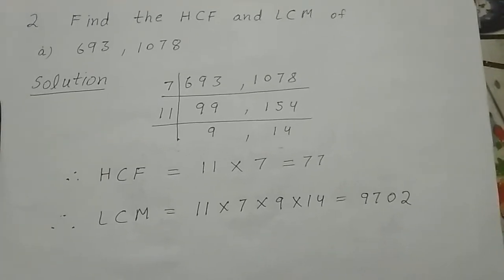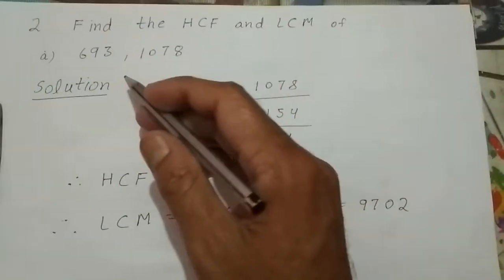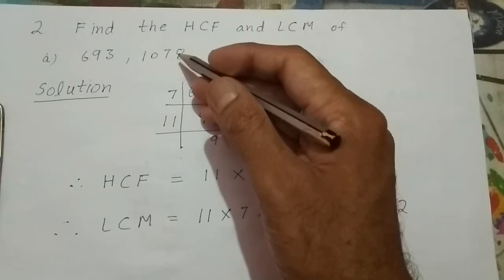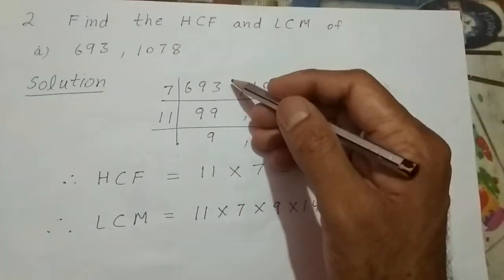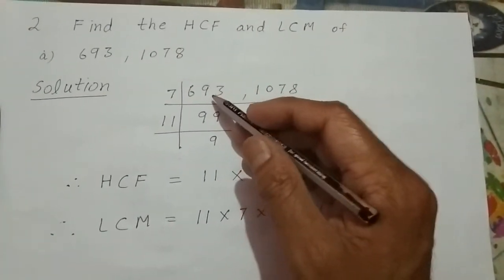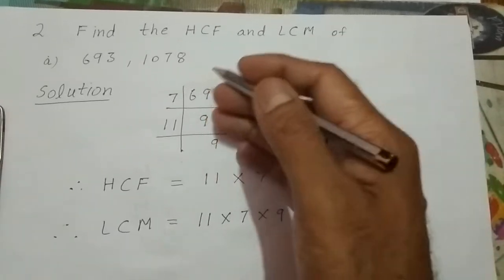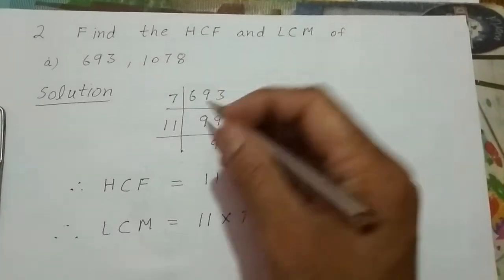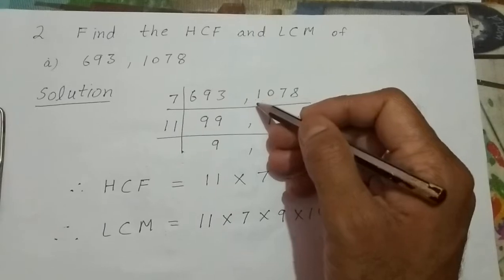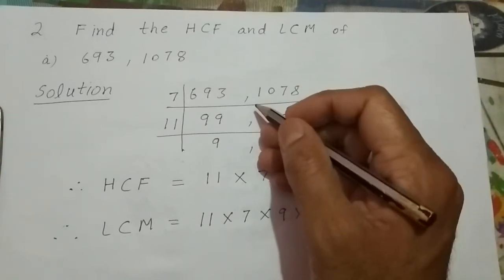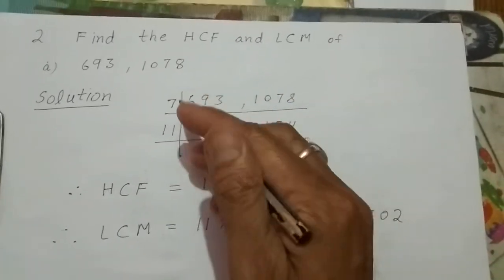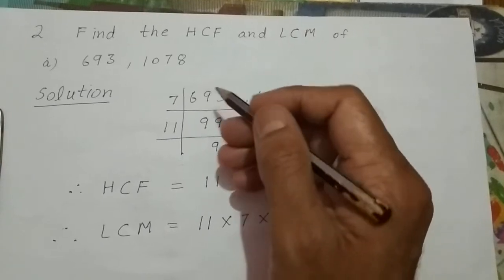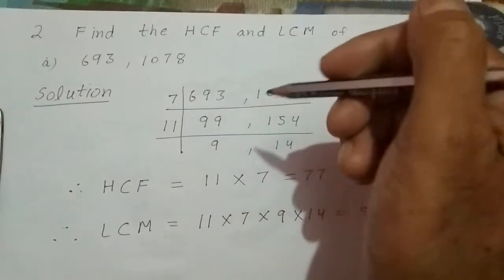Now find the HCF and LCM of 693, 1078. We will find out HCF and LCM both by one division method. 693, 1078. So student, now we have to find out HCF and LCM both.